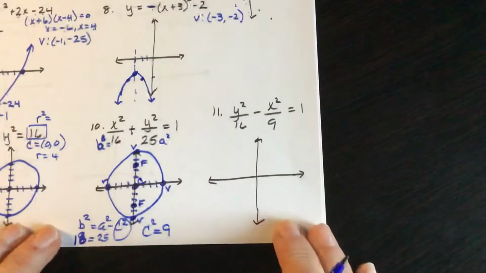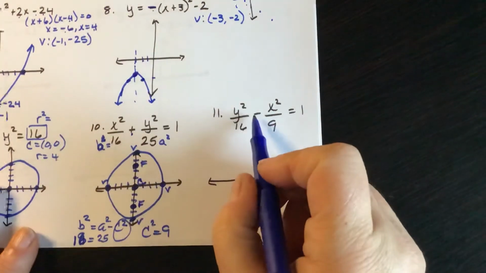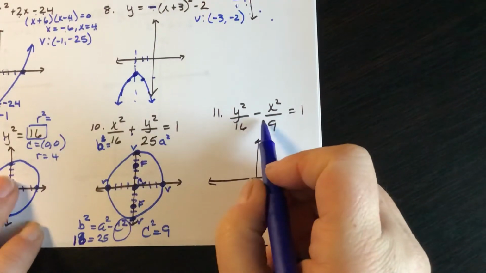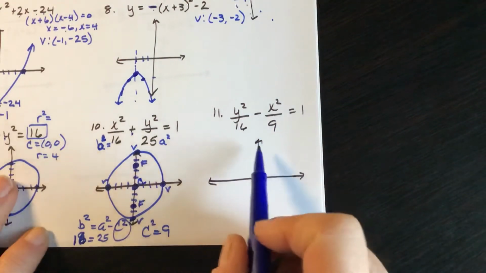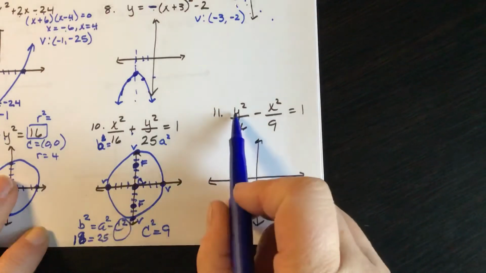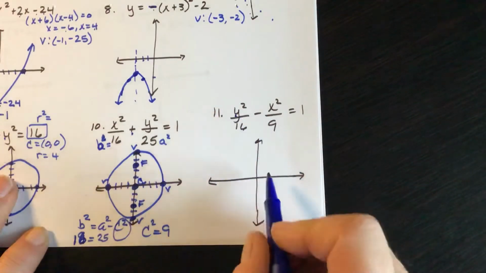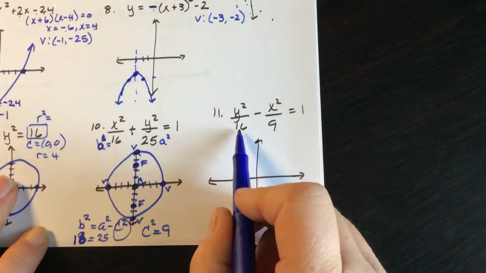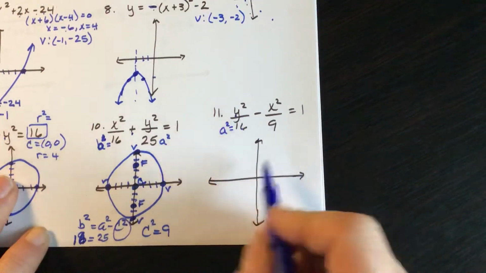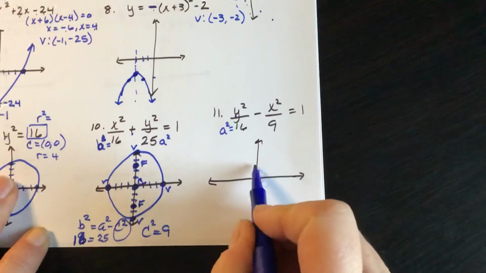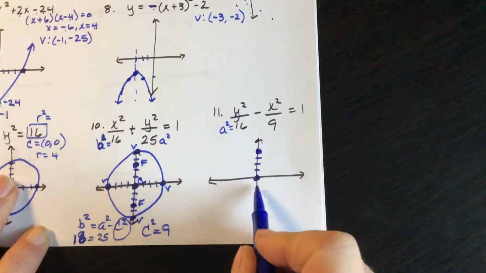Number 11, similar equation, but this time I have a subtraction sign between them, so this is a hyperbola. And it's going to be long because y squared comes first. And my vertices are going to be, this is a squared, 4 units from my center at the origin along the y-axis.